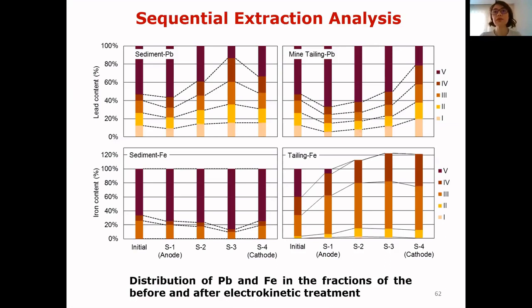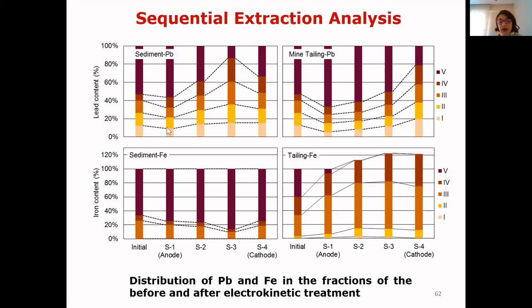As I said before, we performed the sequential extraction analysis before and after the test. Here we see the initial concentrations, and sequential extraction results here. And we see here metal distribution in 5 fractions of the sequential extractions before and after the test.